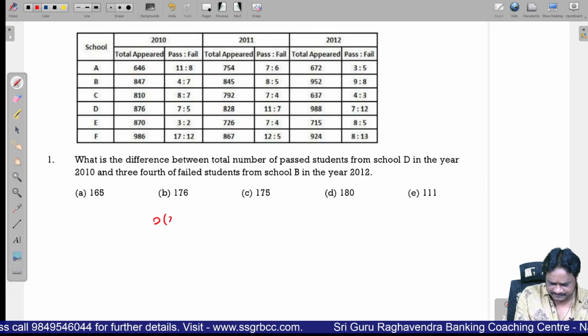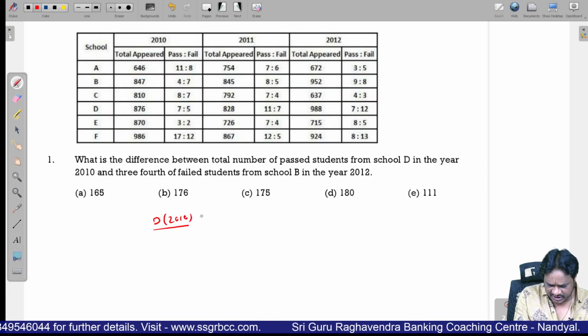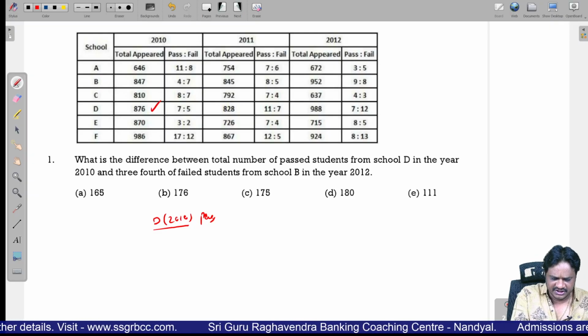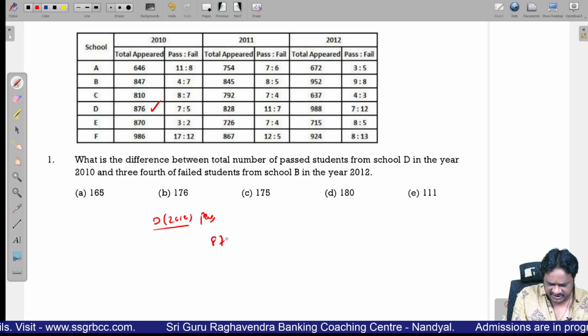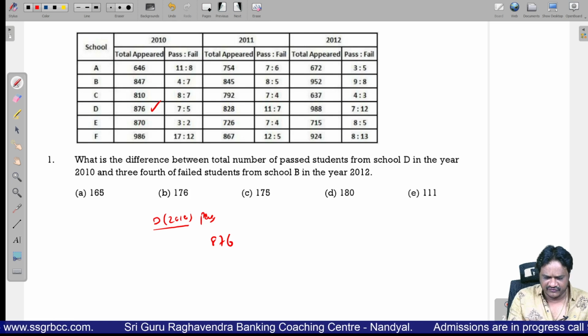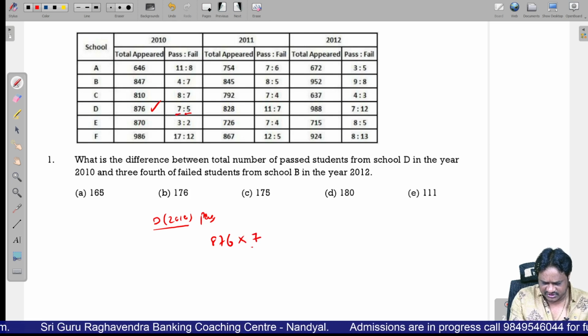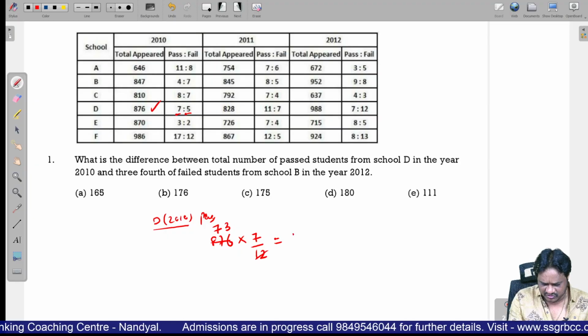One is D 2010 pass students. 2010 D students are 876, out of which pass and fail is 7 is to 5. We want pass, so 876 into 7 by 12. If you do the calculation, 12 sevens 84, 12 threes 36, 73 into 7, it is 511.